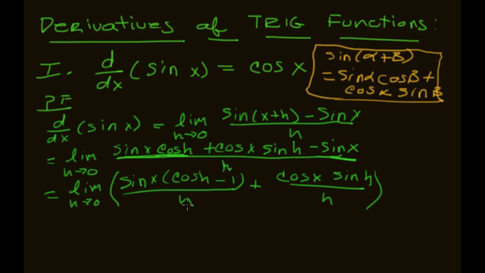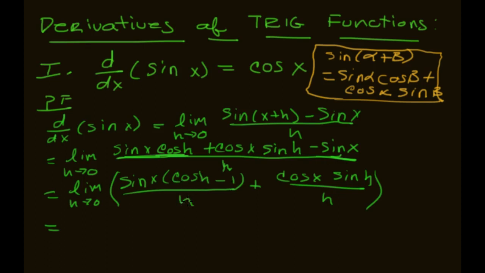Note, h is going to 0. This is sine x times the limit of cosine of h minus 1 over h. I know that limit is 0.